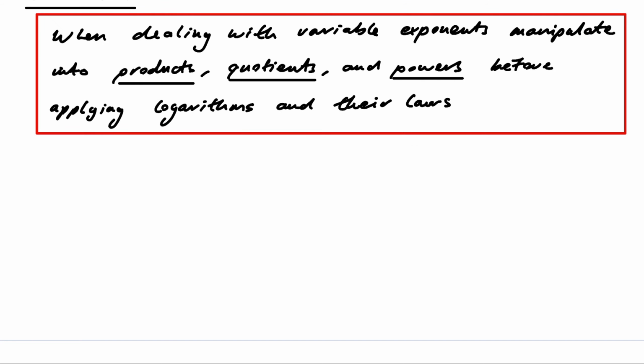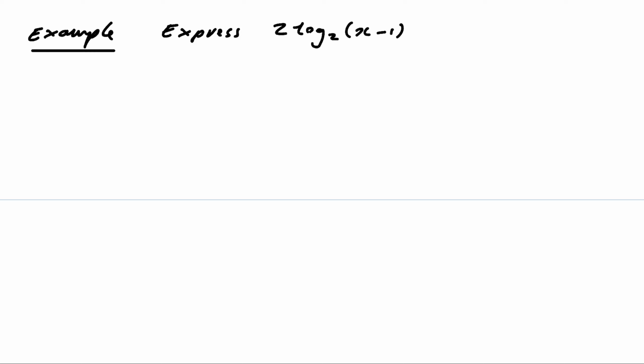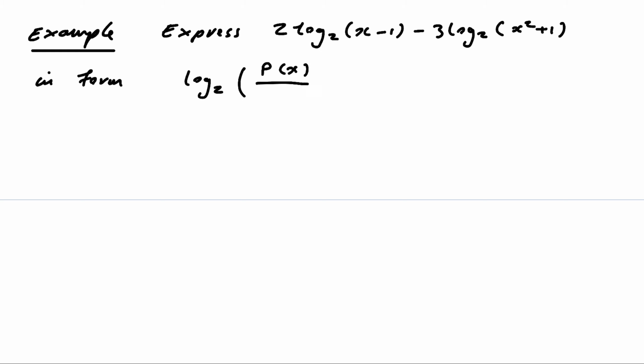So here's an example. Express, let's say, 2 log base 2 of (x minus 1) minus 3 log base 2 of (x squared plus 1) in the form, so let's do it, log base 2 of a rational expression in x.